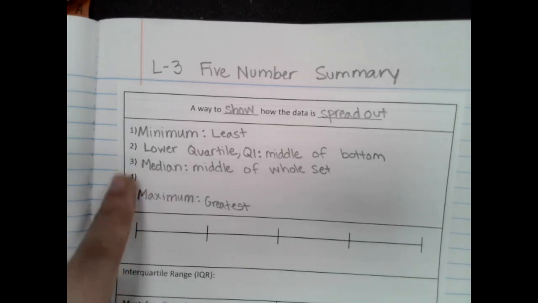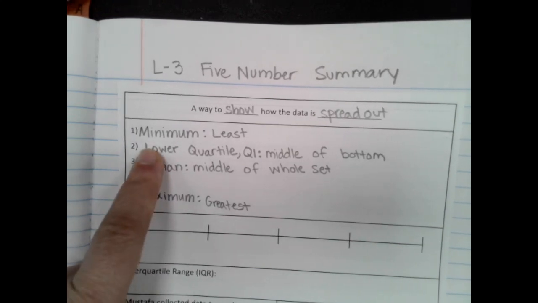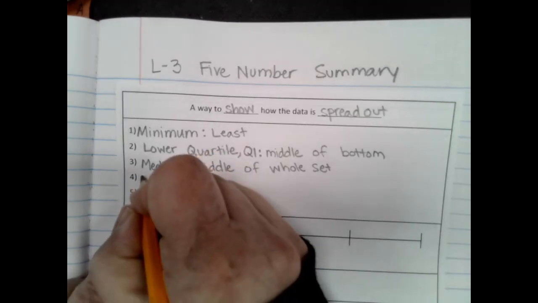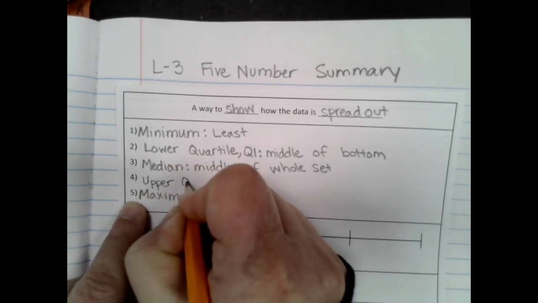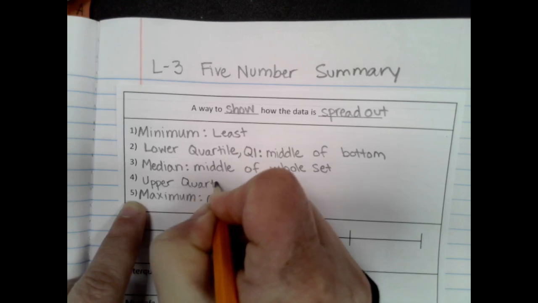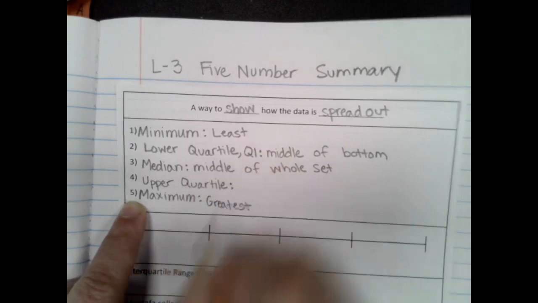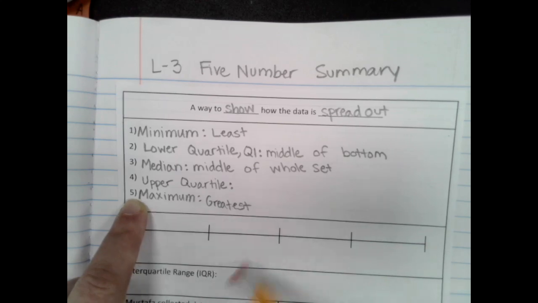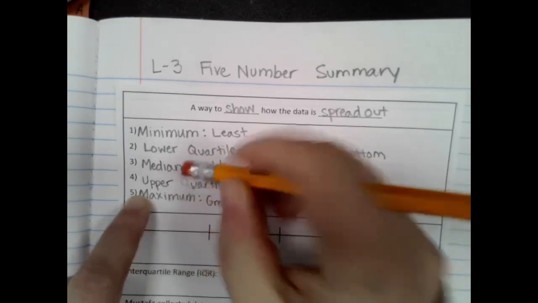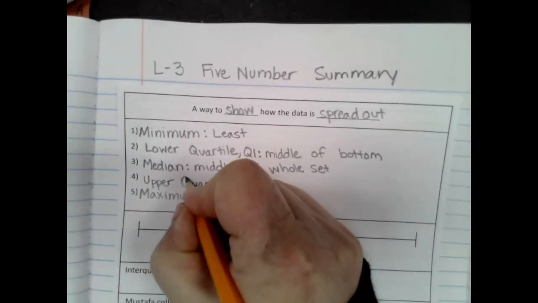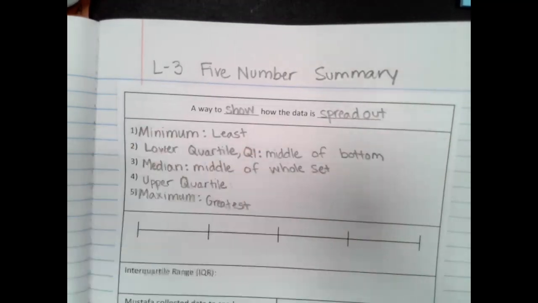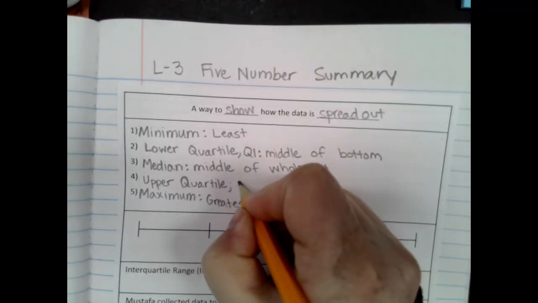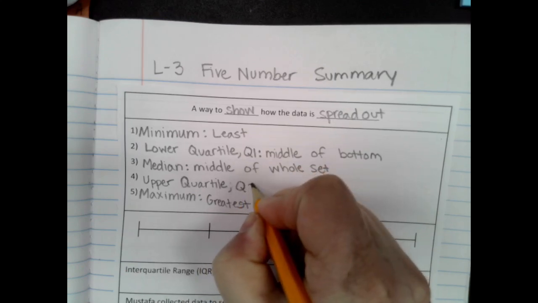Okay, and then for step 4, instead of having a lower quartile, we're going to have an upper quartile. That's a Q, really bad looking Q. Oh, and then another name that we have for upper quartile is Q, and it's actually Q3.